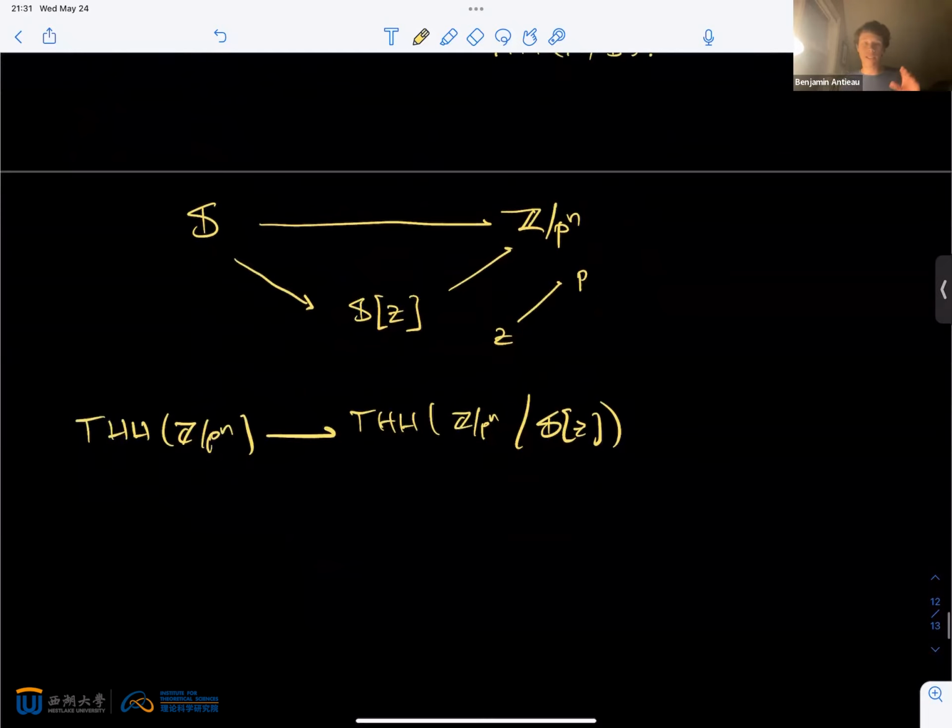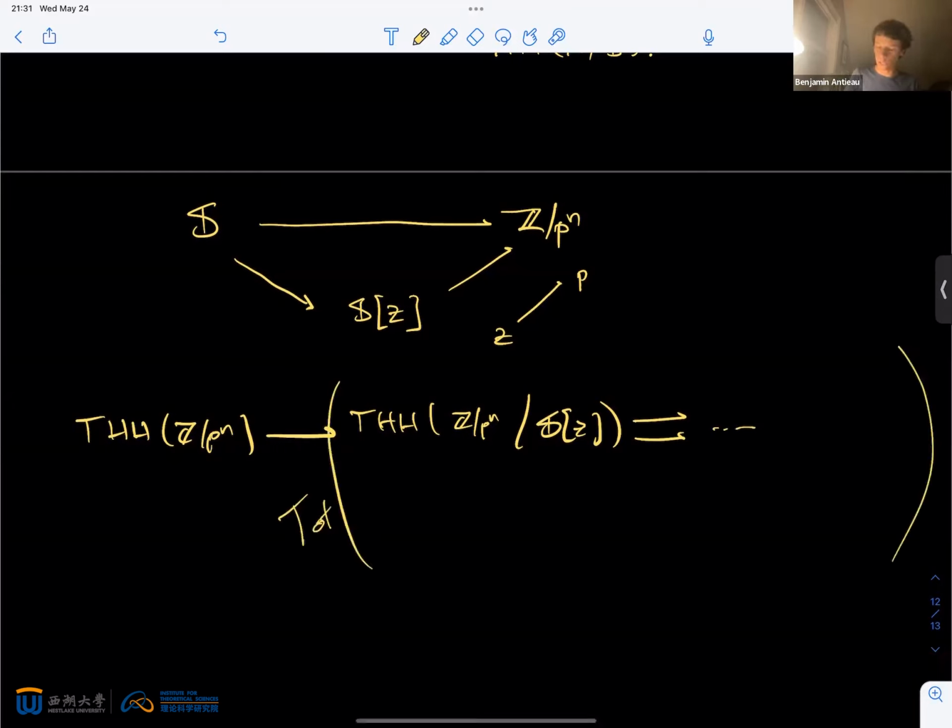And what I can do is take the bar construction or Adams resolution or Čech complex or whatever you want to call it, and take iterated tensor products and then take Tot of some big cosimplicial diagram. So the next term will be THH of Z mod p to the n over S adjoin z in two variables now, where both variables map to p.